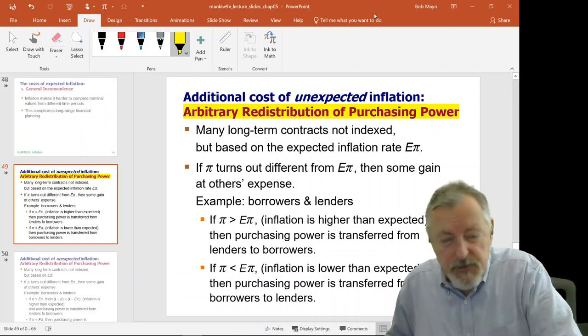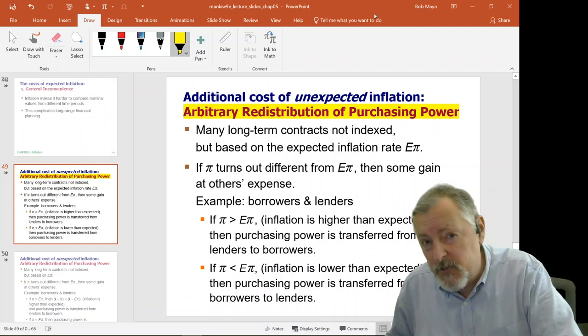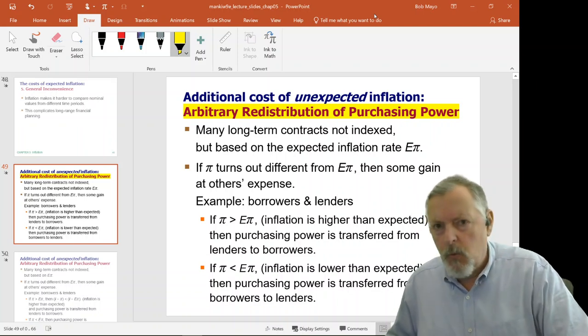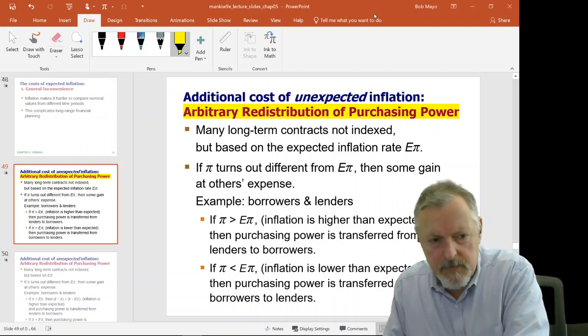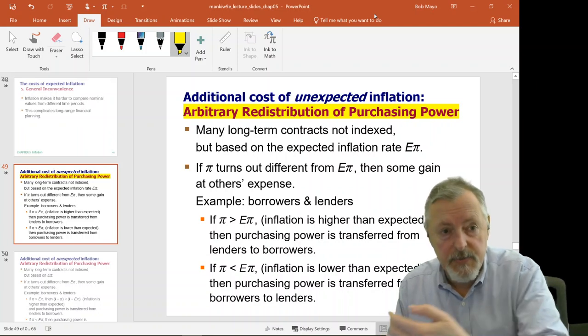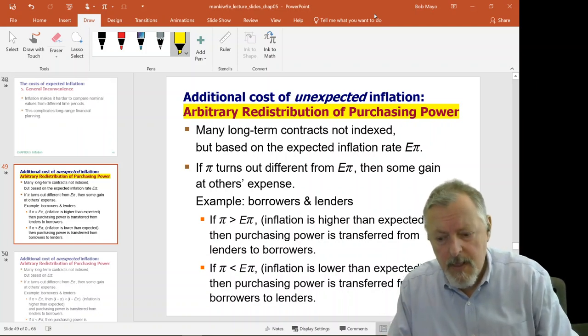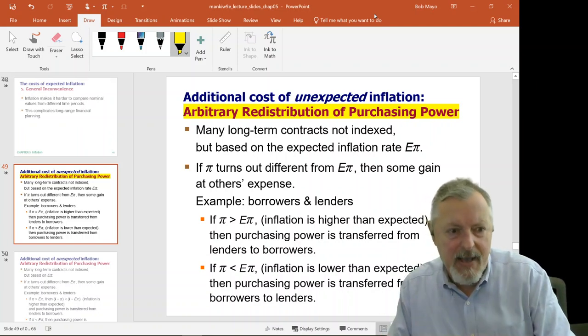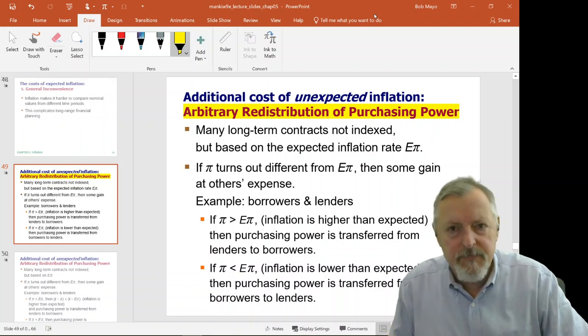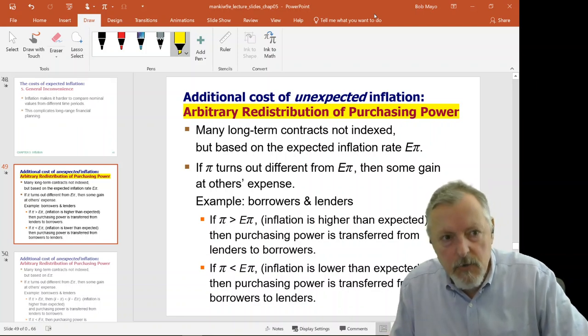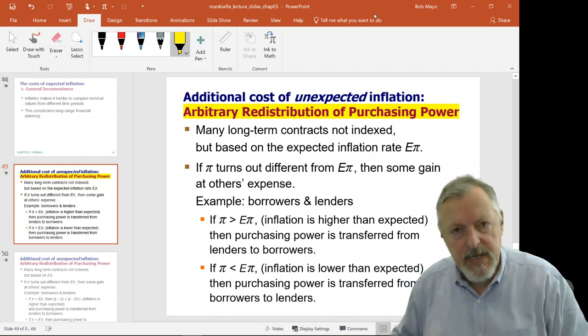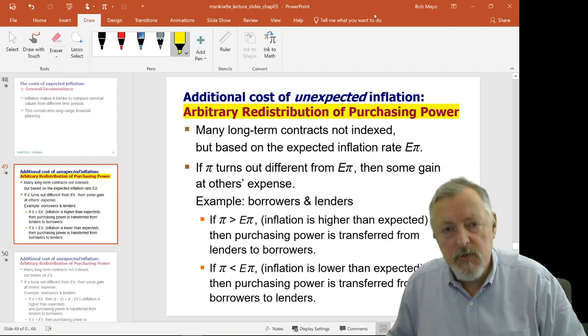You expected inflation to be 0, turned out to be 100%. Well, then you're going to loan $100 today. A year from now, you get 110 back, but the 110 you get back are only enough to buy $55 worth of wealth in today's dollars. You've lost almost half your wealth.